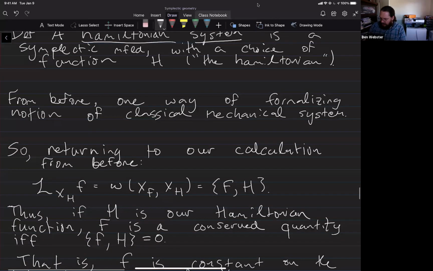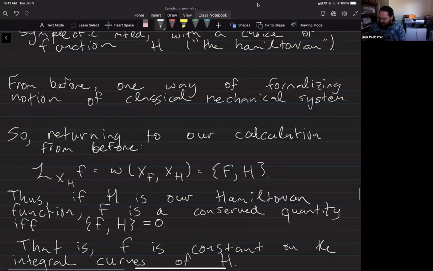So we've done this calculation before of how a function, an observable, changes over time, right? That's the Lie derivative of the function with respect to X_h. That's the pairing of the Hamiltonian vector fields under the symplectic form. And that now has a fancy new name, the Poisson bracket of f and h.